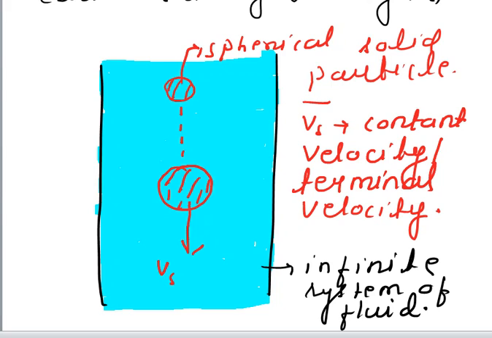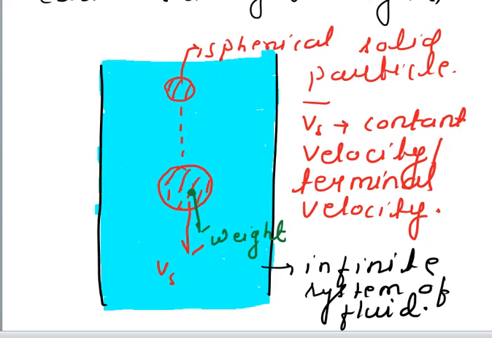Now let's look into what are the forces acting over this spherical soil solid. Let it be any spherical particle, any solid. So what are the forces which are acting? First of all, it's the weight, which is directed from this Cg, in downward direction, the weight of that solid.